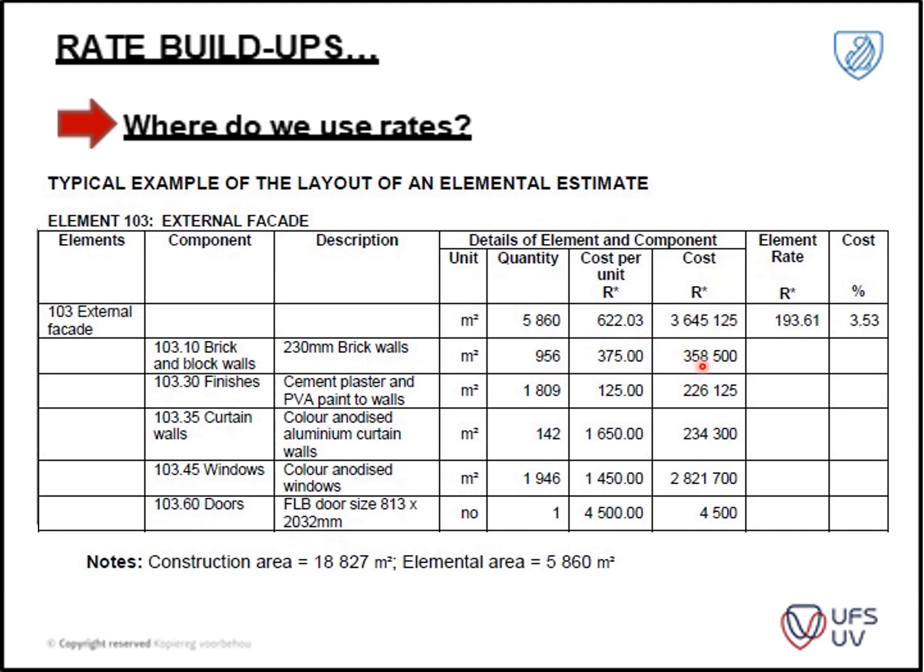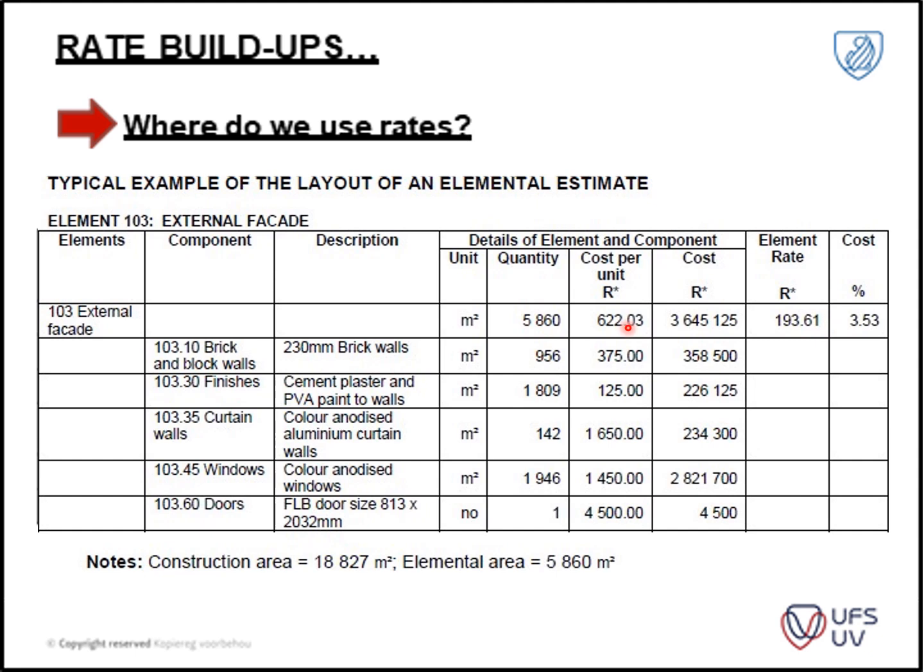and then it is translated into your rate and, subsequently, your cost. Something also to note here is your quantity to get to your element or component. The calculation here is the element that you use for your brickwork. You want to get to a point where, if you only do your estimate up to the evaluations section, you will use these rates that you've built up to do that type of estimation.